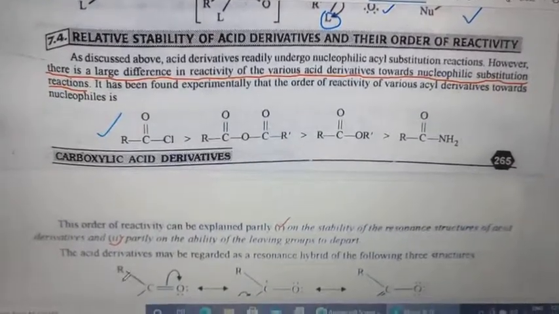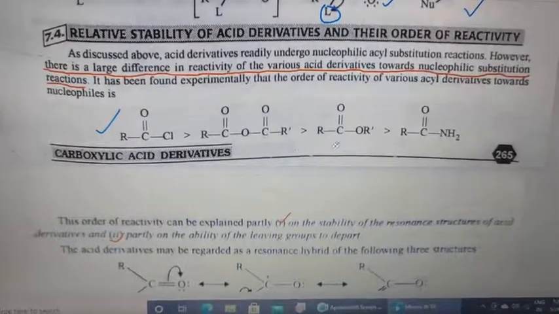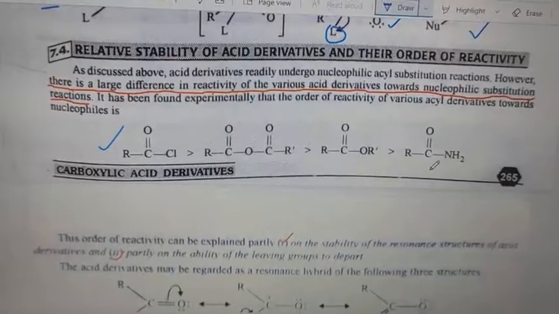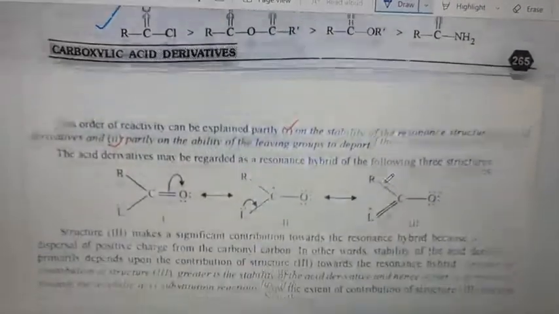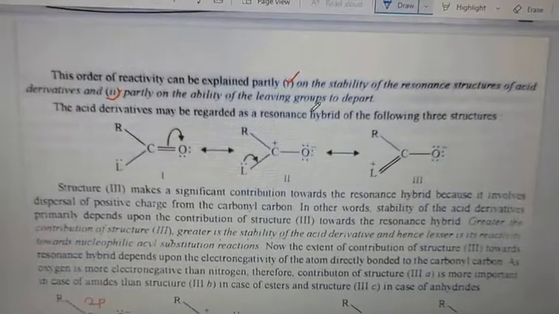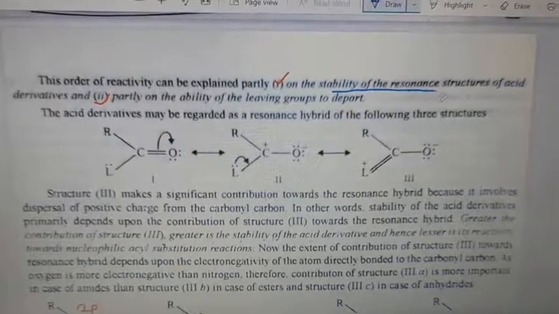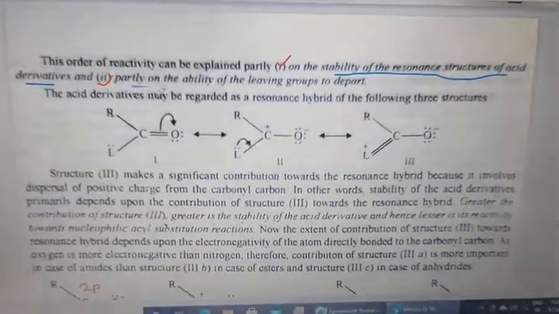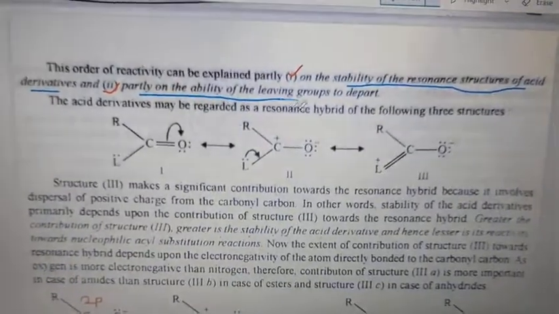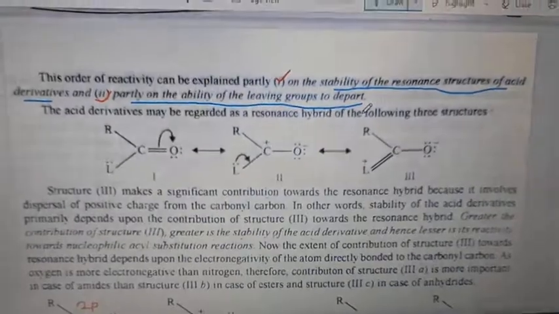Acid chlorides are more reactive than acid anhydrides, then esters, and the least reactive are acid amides. This order of reactivity mainly depends on two factors: the stability of the resonance structure of the acid derivative, and the ability of the leaving group to depart after attack of a nucleophile.